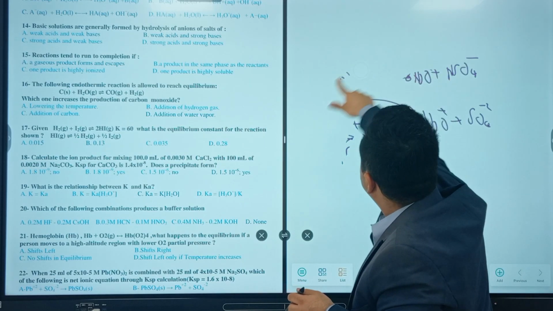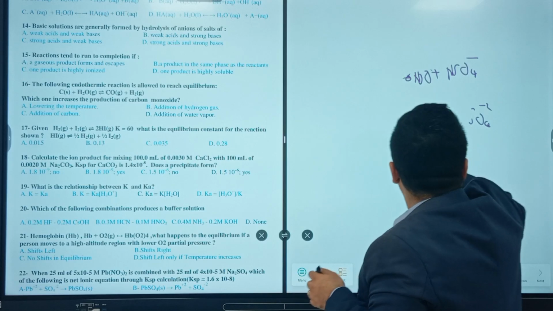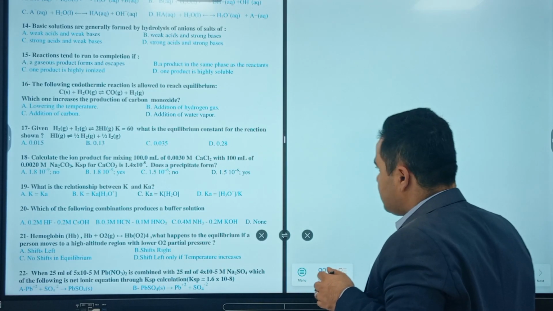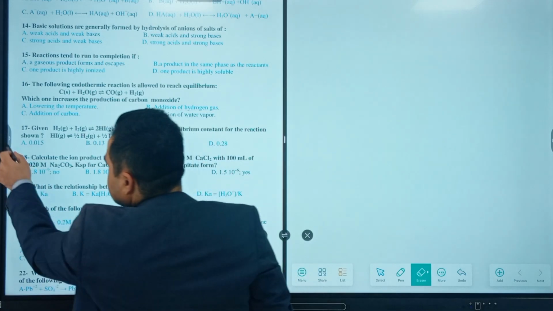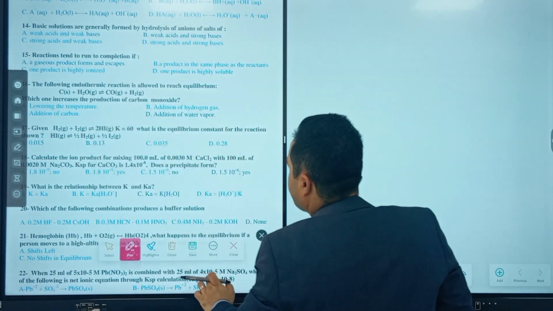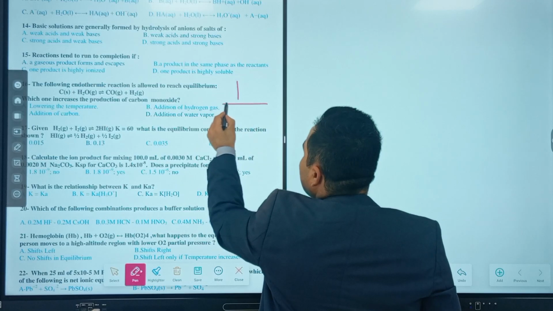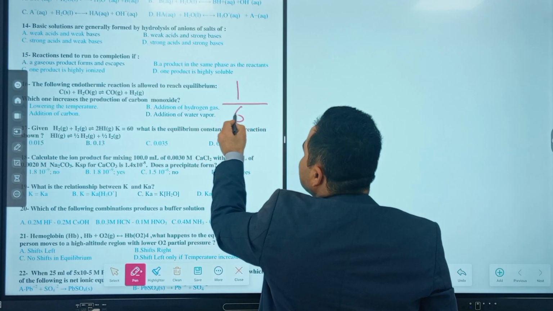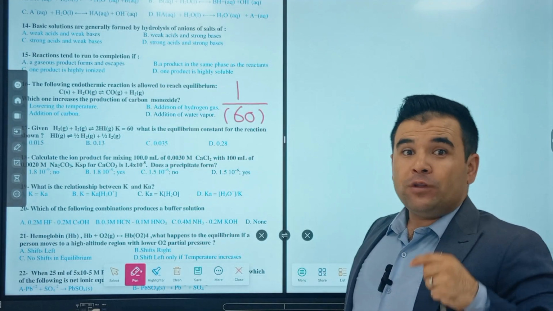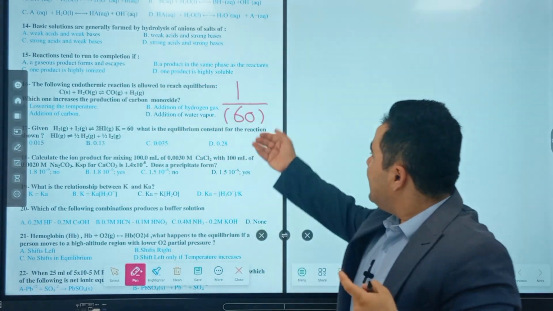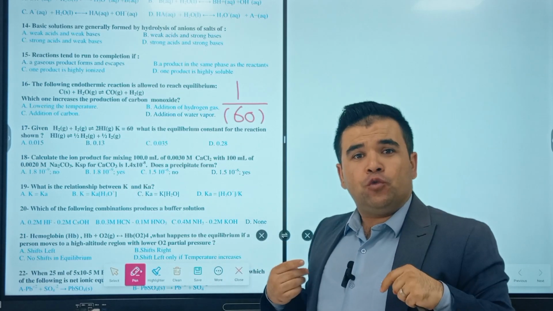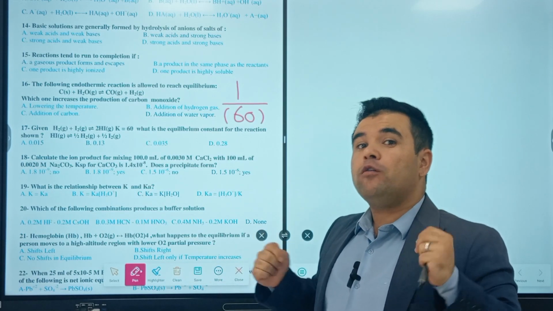The reaction is both reversed and divided by 2. For the reverse, we have to say it's 1 over K forward, which is 60. And for the division by 2, this K is raised to the power of 1/2, because it's the power of the factor.